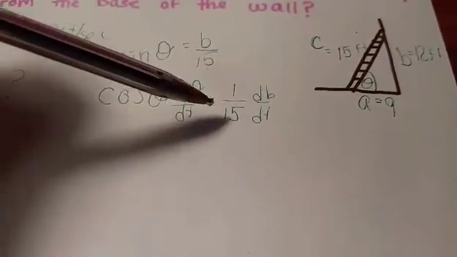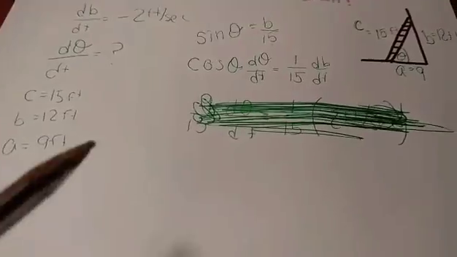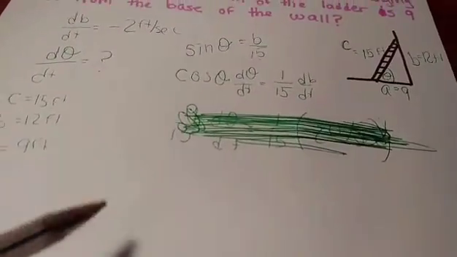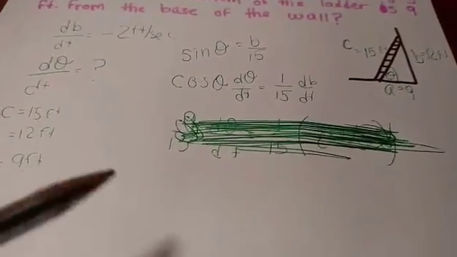So I was just differentiating there. Now that we have this new equation, we can start plugging in values that we have, like we've done in the past with our other two problems.